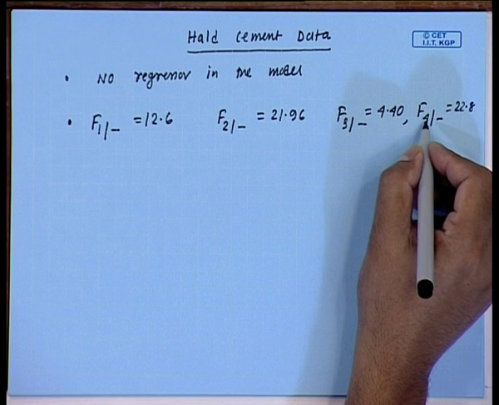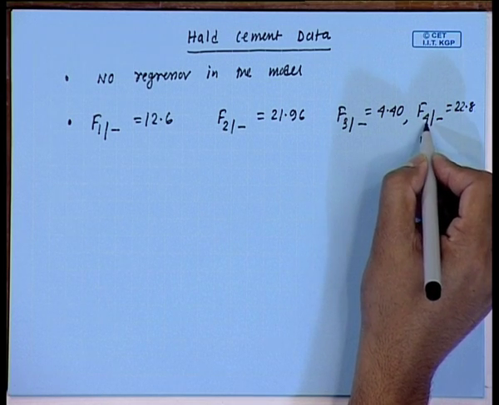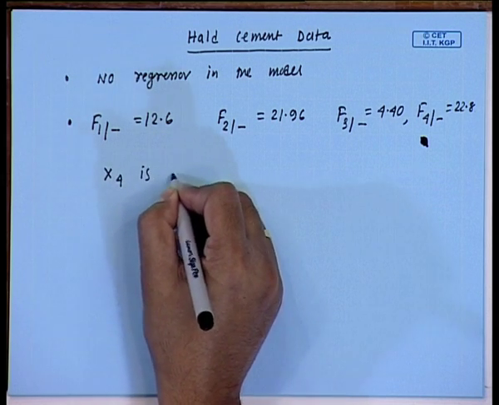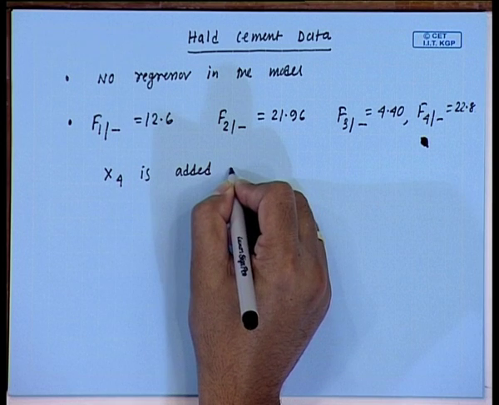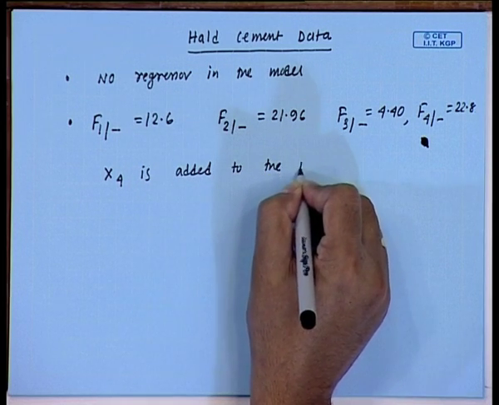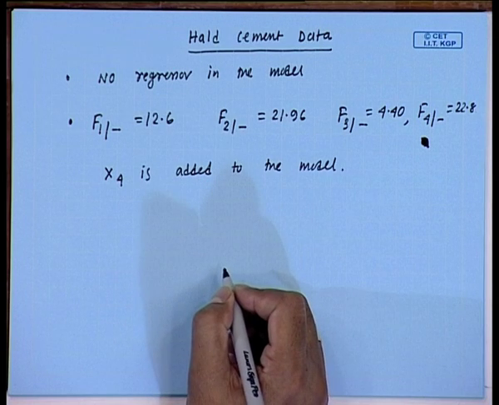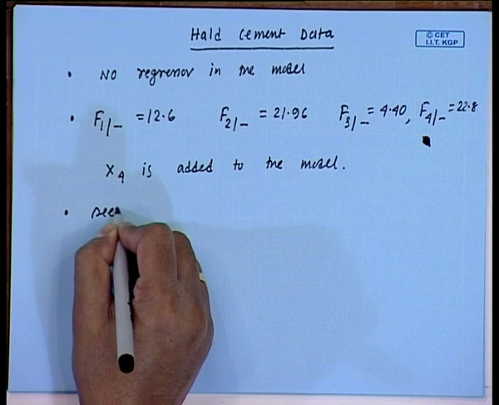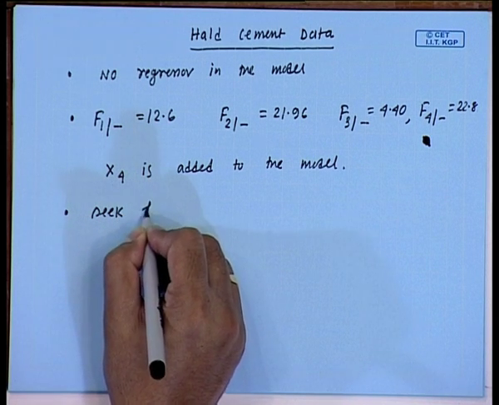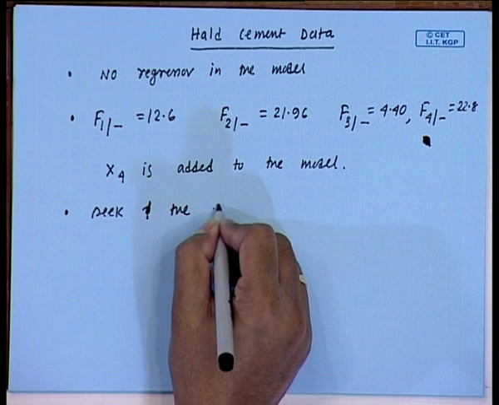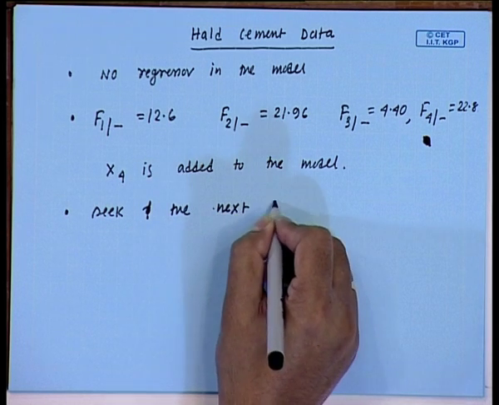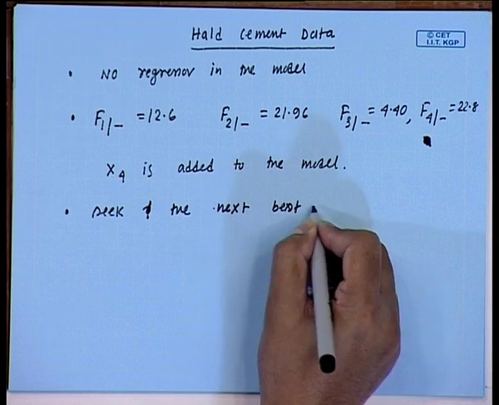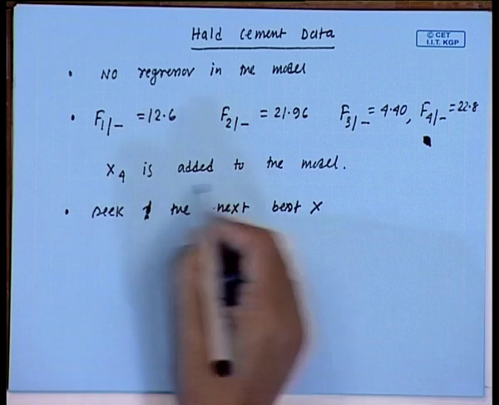Since the F statistic associated with x 4 is highest, x 4 is added to the model. Now, next we seek the next best x. So, x 4 is already there in the model.